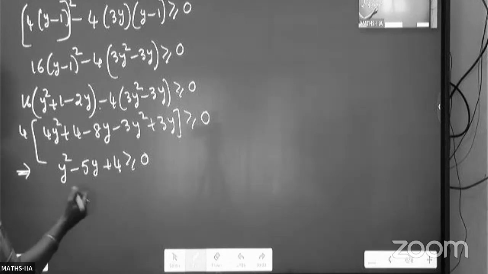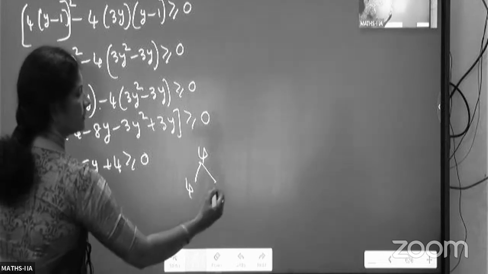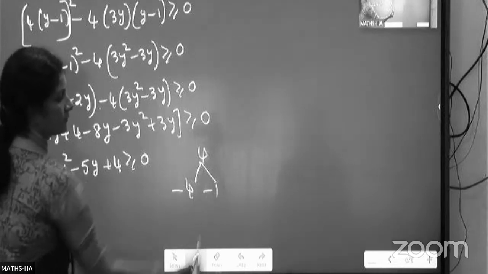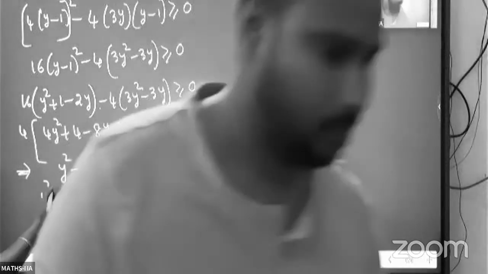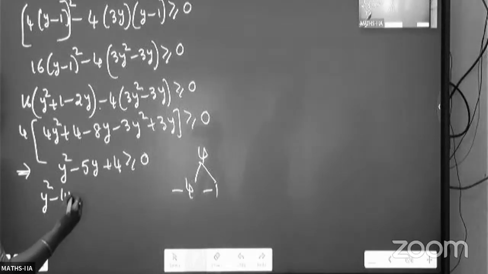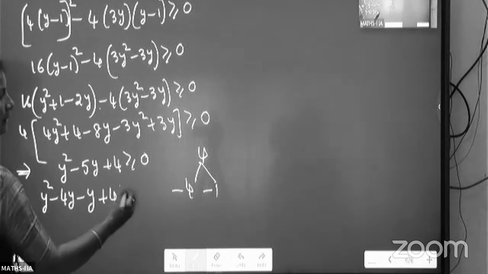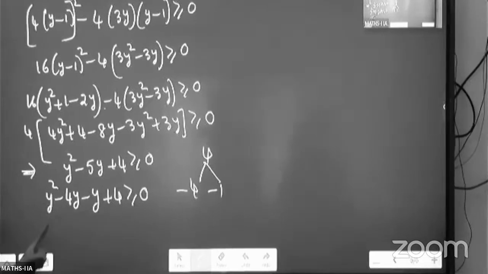So what are the factors? 4 1s are 4, 4 1s are 4 only. We want minus 5, so take minus, minus. Minus 4 minus 1 is minus 5. So you can write it as y square minus 4y minus y plus 4 greater than or equal to 0. What is common in both of them?